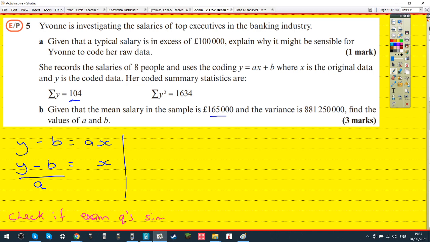Alright, let me try this. So could you put into the calculator x over 8 minus x over 8 squared equals 165,000 and then work it out?